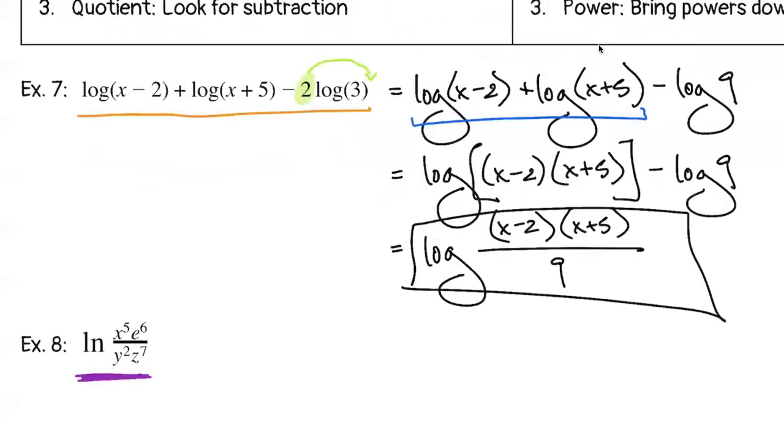So product, I see a product on the top, x to the 5th, e to the 6th. So I can write that as natural log x to the 5th plus natural log e to the 6th. Okay.